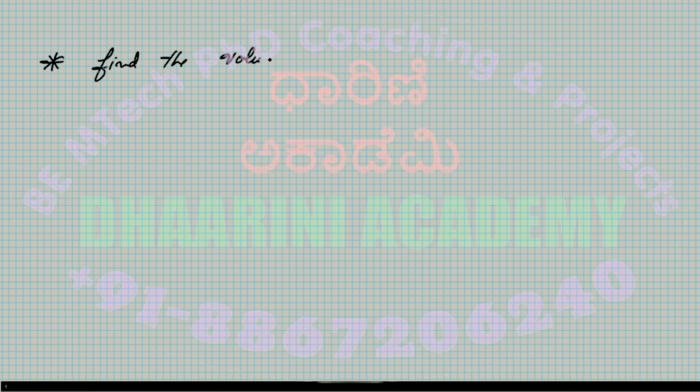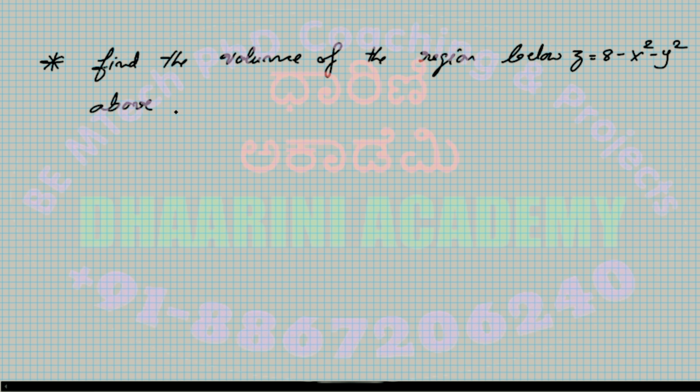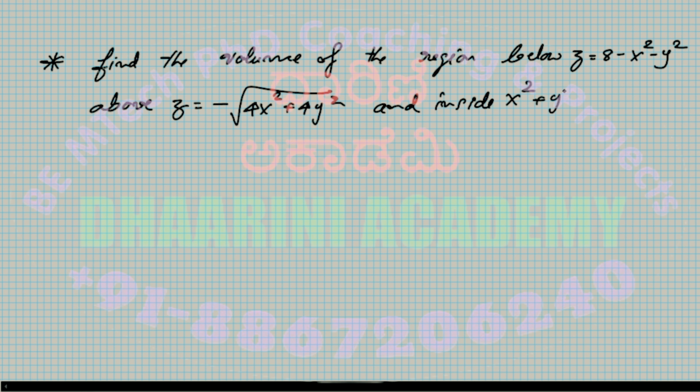Find the volume of the region below z equal to 8 minus x square minus y square, above z equal to minus root of 4x square plus 4y square, and inside x square plus y square equal to 4.